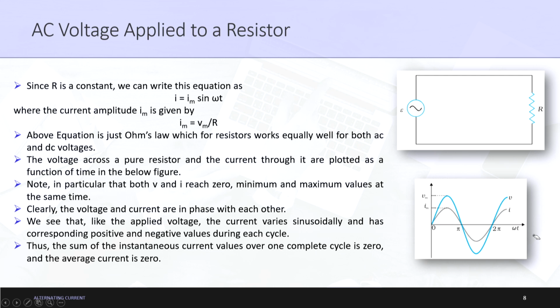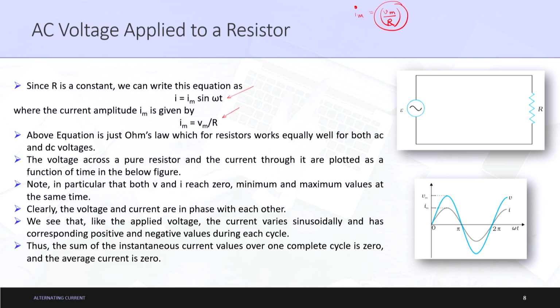Since R is a constant, we can write this equation as I is equal to Im sin omega t. What is Im here? Im is Vm by R. Okay. So, this Im is the current amplitude, which is given by Im is equal to Vm by R. Okay, quite evident.